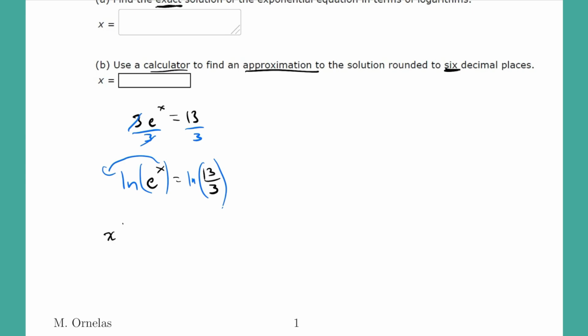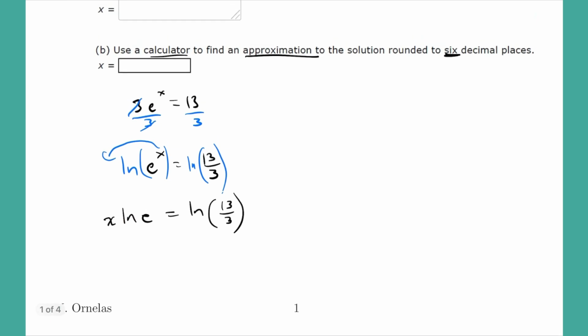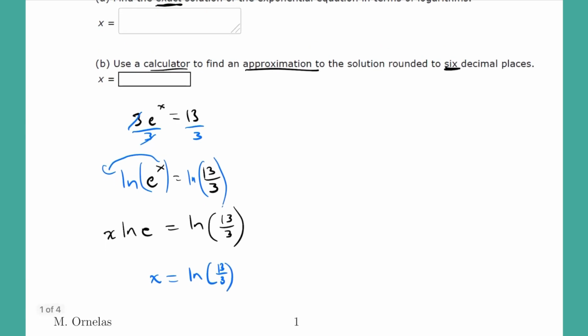So we're going to have x natural log of e equals natural log of 13 over 3. And then the natural log of e, that's just 1 because these are inverses of one another. So these essentially just disappear. They become 1, and 1 times x is x. And on the left side, this is our final answer. That's the exact solution.